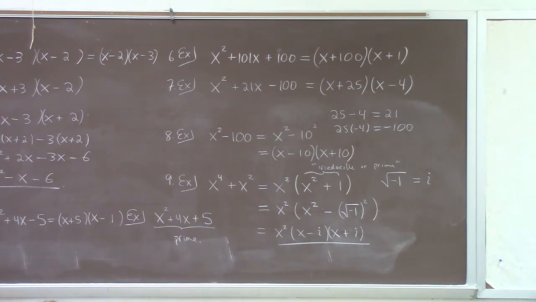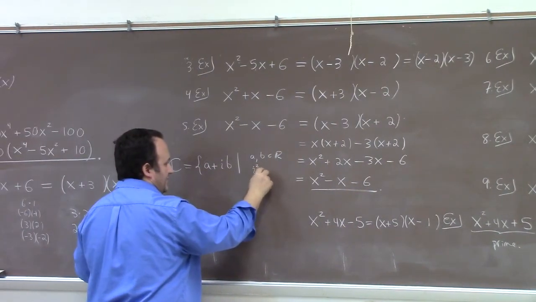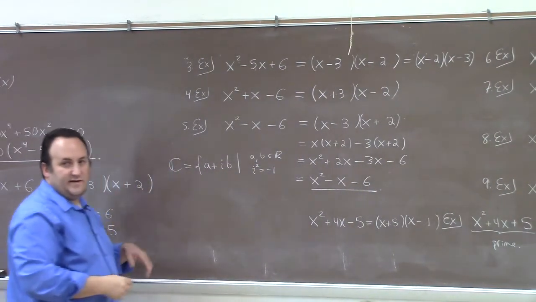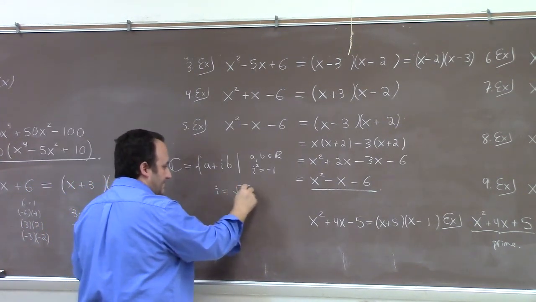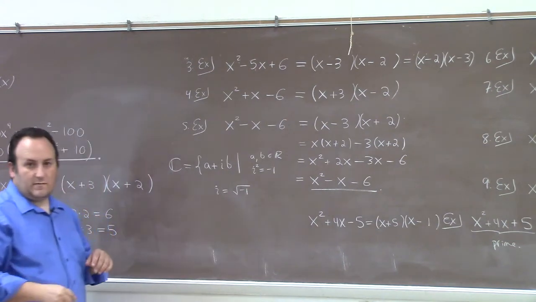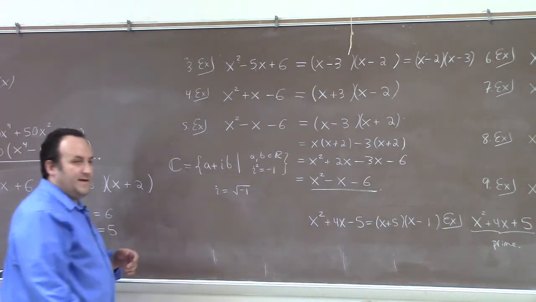So complex numbers usually use this symbol, and it's the set of a plus ib such that a and b are real numbers, and i squared is minus 1. You could also say i is equal to the square root of minus 1. You could think about them as a plane.